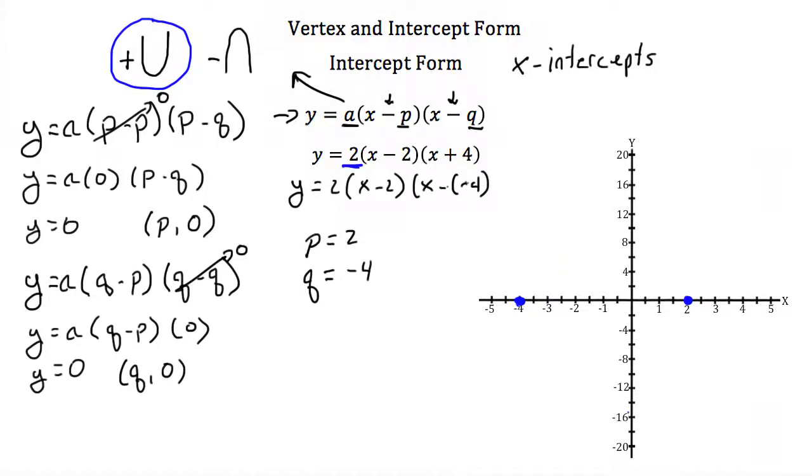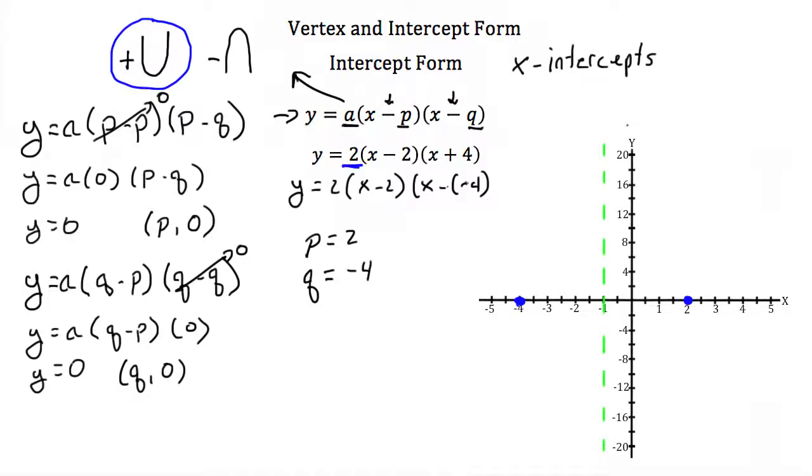So if this parabola has an axis of symmetry, that means that axis has to be halfway between negative 4 and 2, because these points have to be symmetrical on each side of the axis of symmetry. Well, halfway between negative 4 and 2 is a negative 1. So if I draw my axis of symmetry at negative 1, it will look something like that. Notice again, it's halfway between negative 4 and a positive 2.